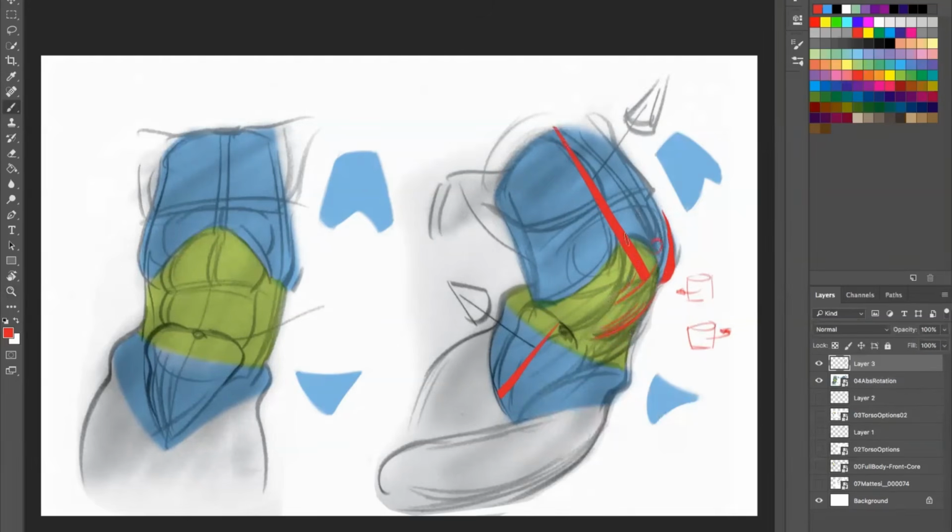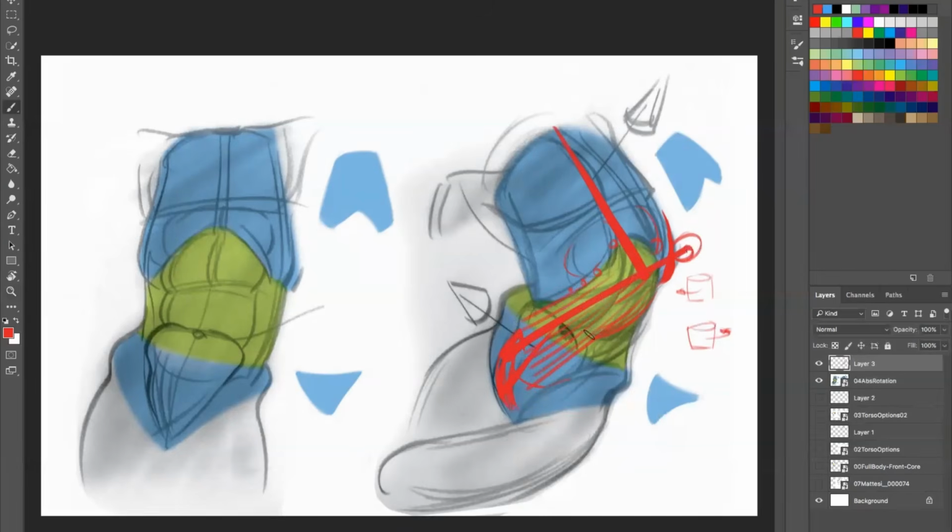We'll get into this more in our next video. The abdominal muscles are connected to the lower rib cage, and they're connected down to the pelvis, so they're stretching from here to here. There's all this stretching going on, so keep that in mind.